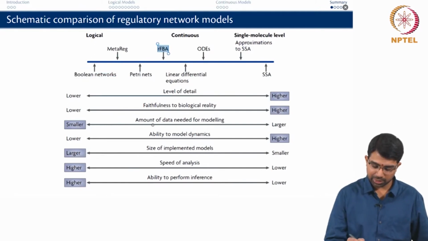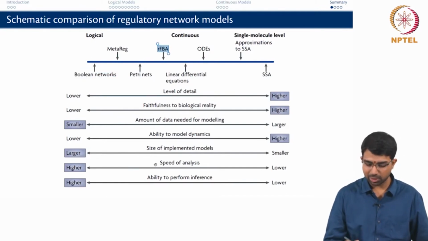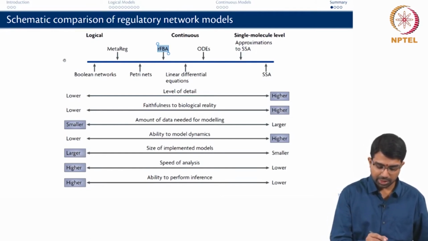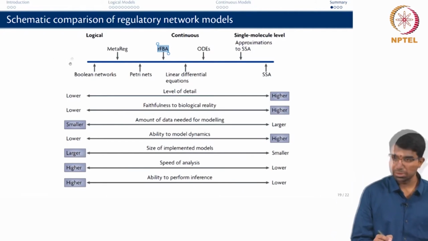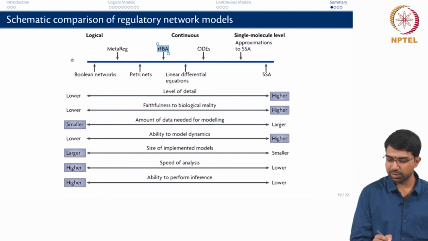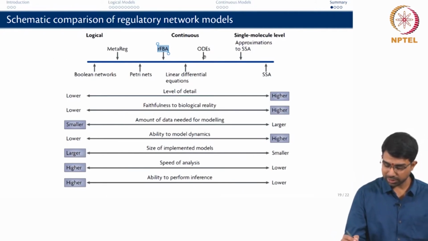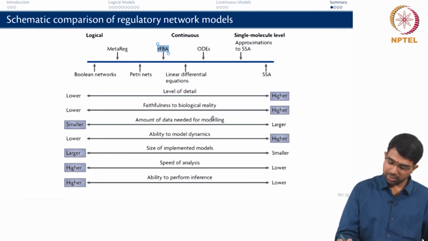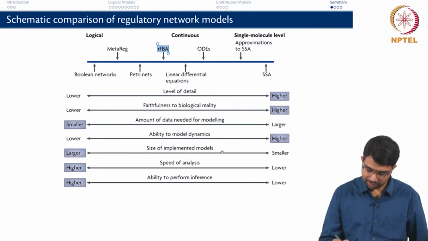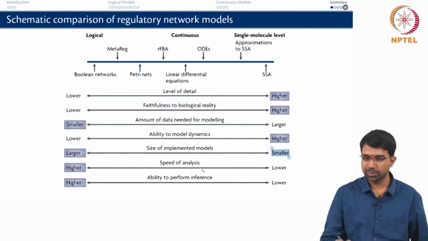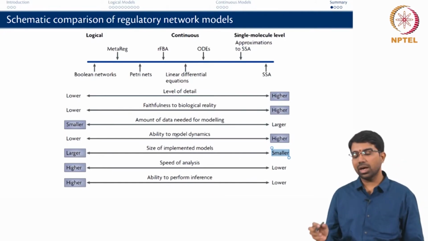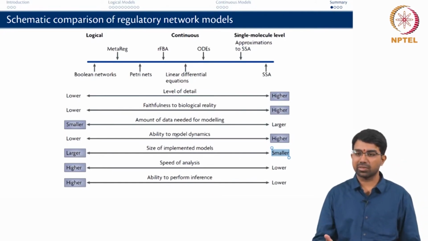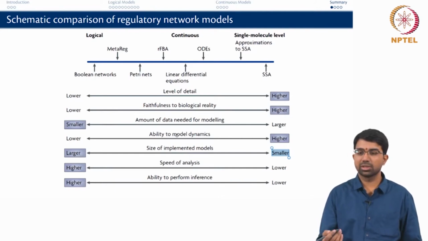You can even put FBA down here, although we are talking about regulatory modeling here, but in general, and here in fact if you looked at the entire course, your networks will go somewhere here, the networks we studied in the very first module, right, and continuous is of course here, but then you are sort of limited by the size of models that you can build. Models are going to be smallish when you are looking at ODEs. So, it is clearly a trade off, and you will have to make the sacrifices necessary for the question that you want to answer.